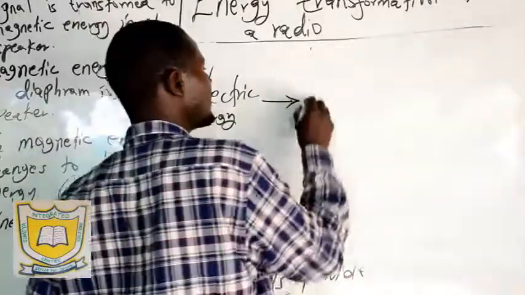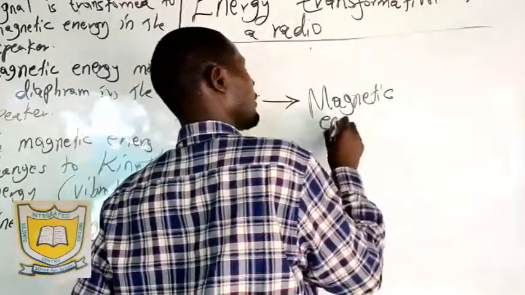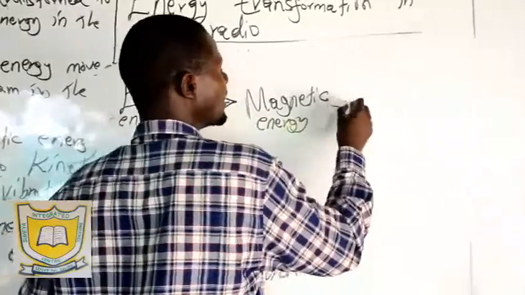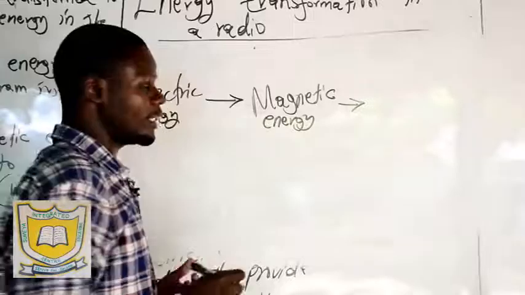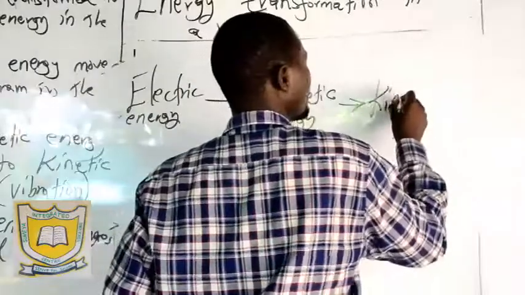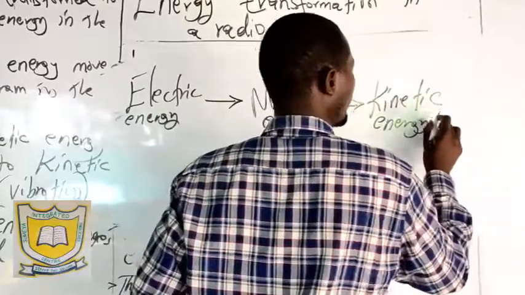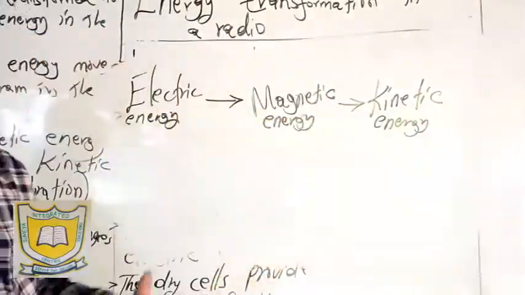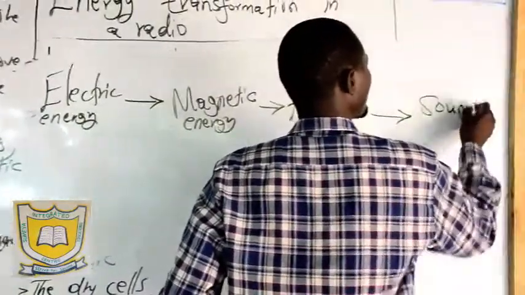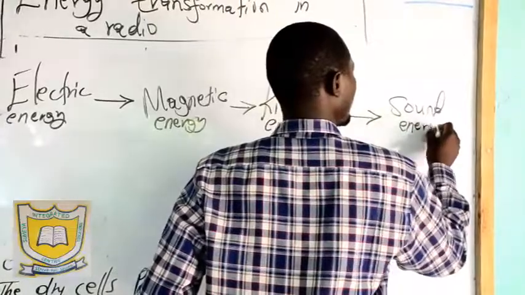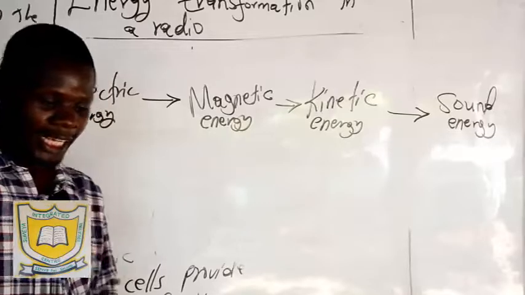Then we have magnetic energy, which is in the speaker of the radio. Then from magnetic energy we have kinetic energy, which I said is vibration or movement of the diaphragm, and then we will have sound energy. That is energy transformation in a radio.